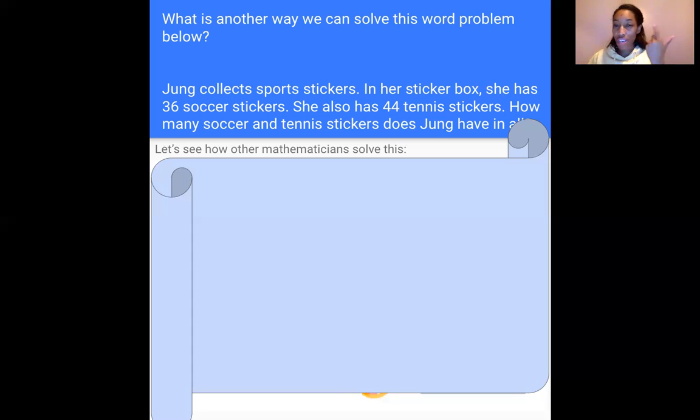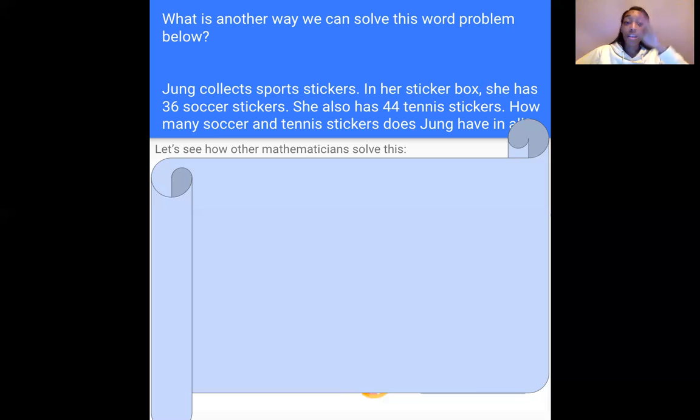Using that strategy, knowing what we know about tens, ones, and what makes 100, maybe you can use a different strategy. Because we don't have to make a new 100, a new denomination of another 100. Maybe you'll use a number line. Maybe you'll use one of our number talk strategies, compensation, maybe.